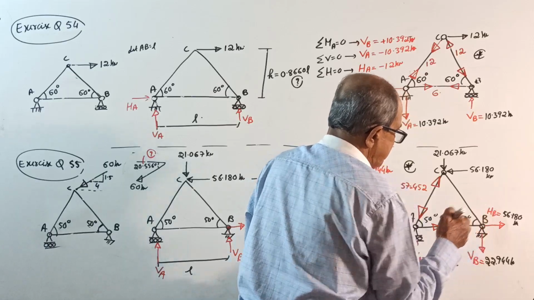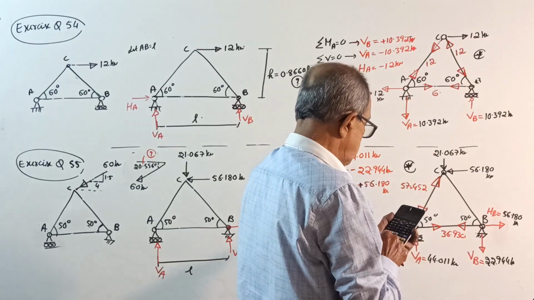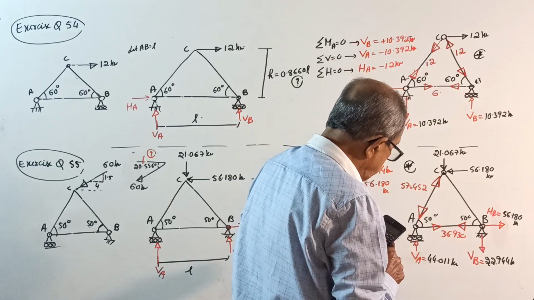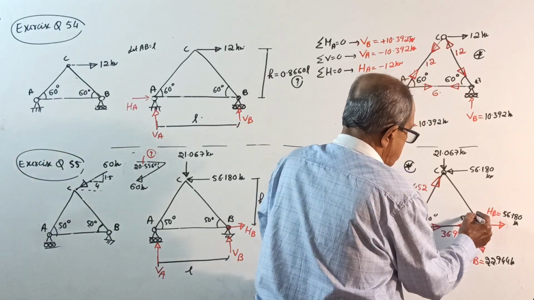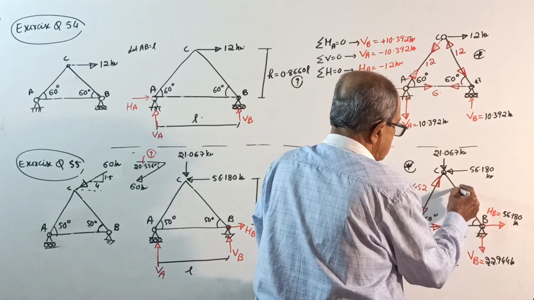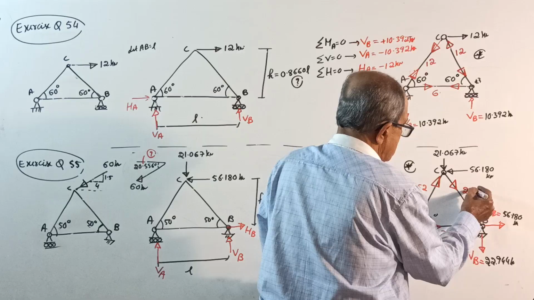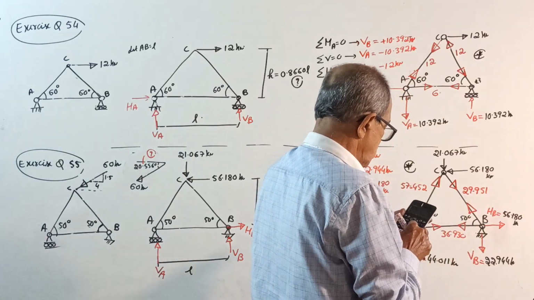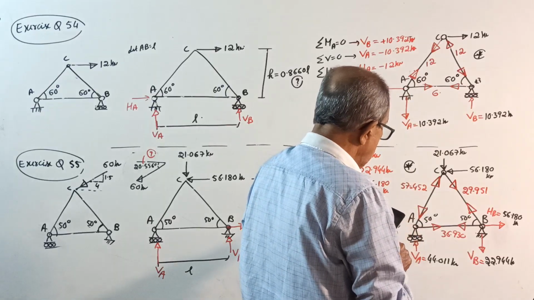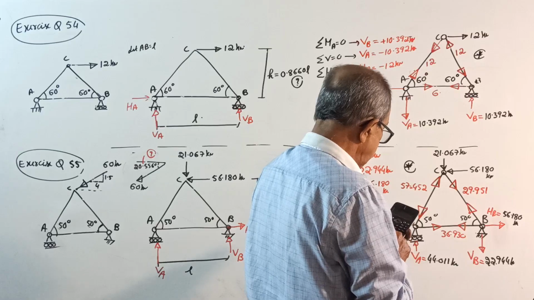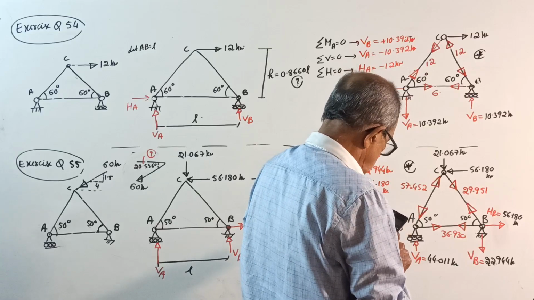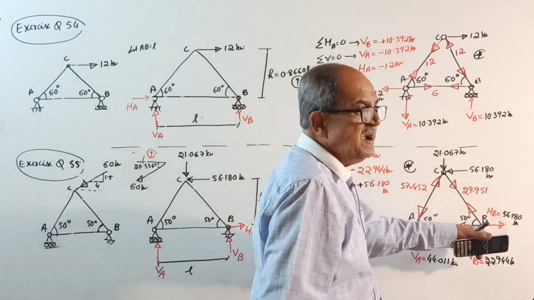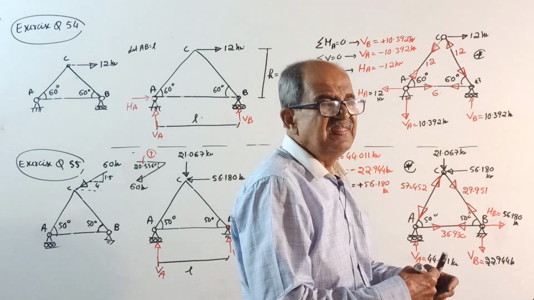This joint. 22.944 divided by sine 50. 29.951. 29.951 into cos 50 is 19 point something, plus another 36.930 is 56.182. Okay, 0.001 error is there. That I am helpless.